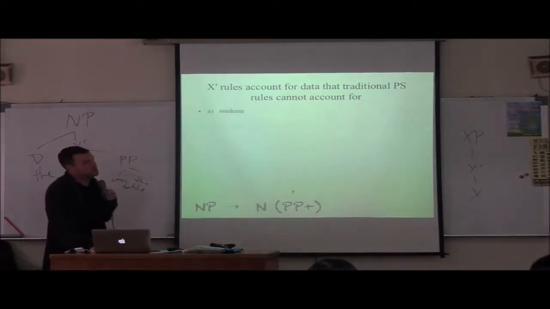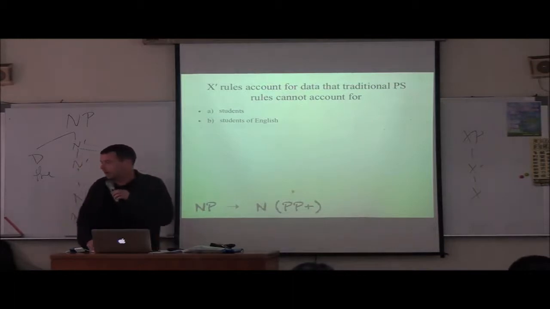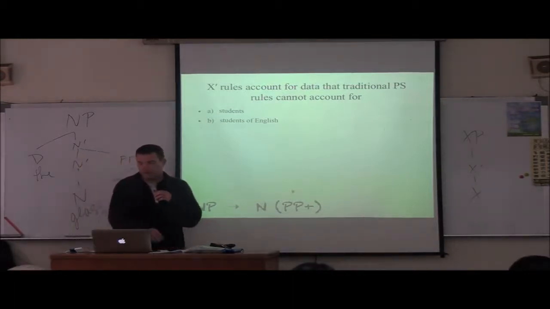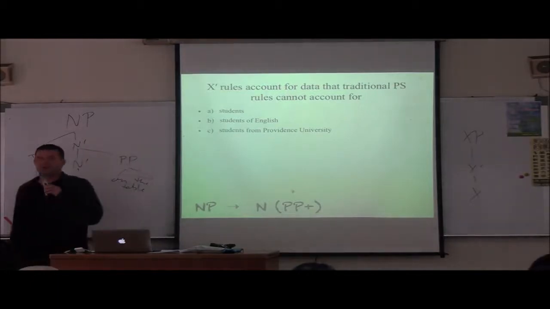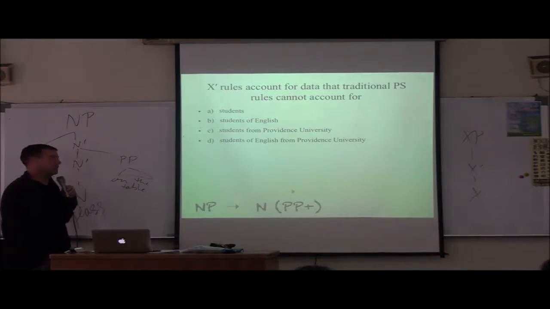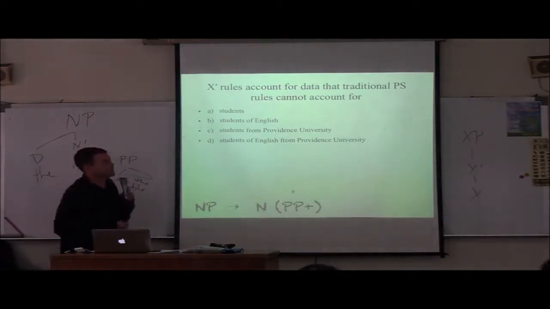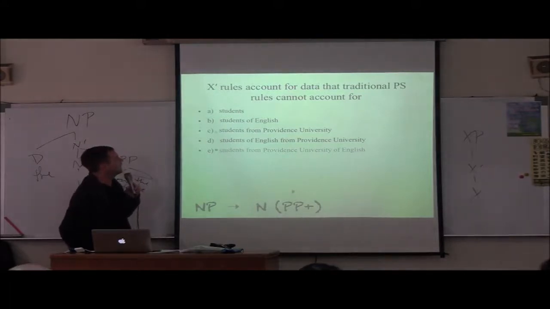So students is a well-formed noun phrase. Students of English is a well-formed noun phrase. Students from Providence University is a well-formed noun phrase. Students of English from Providence University is a well-formed noun phrase. Students from Providence University of English is a terribly badly formed noun phrase.